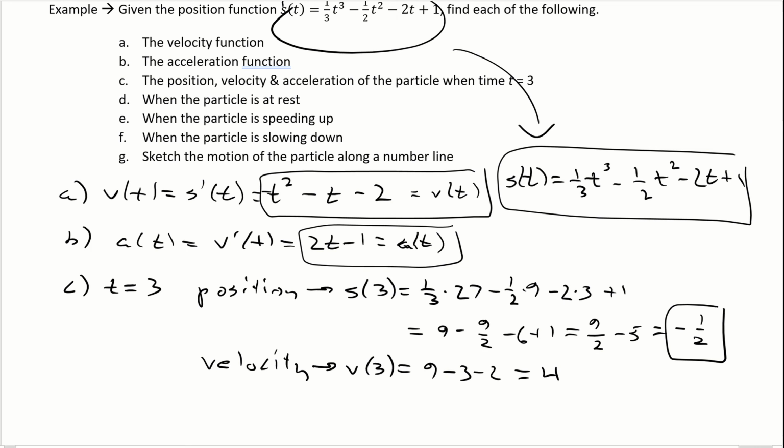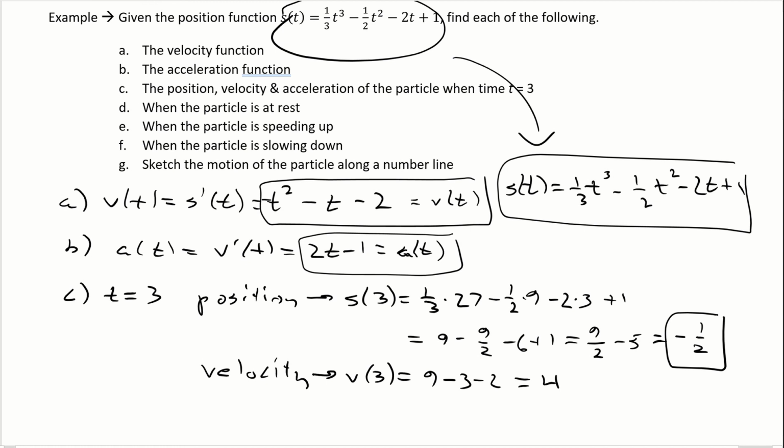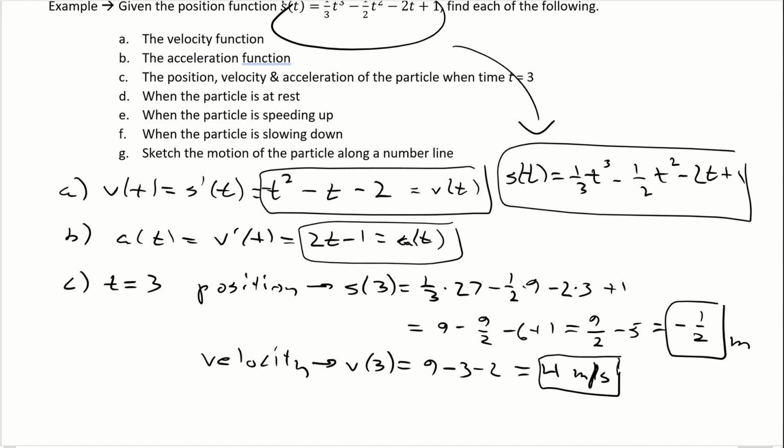Now, it looks like there are no dimensions here, so I could say this is meters, maybe, and in that case, maybe this is meters per second. I would improve the problem by doing that if I were to give it on a test. So give the dimensions. So yeah, we're talking about 4 meters per second at that precise moment.